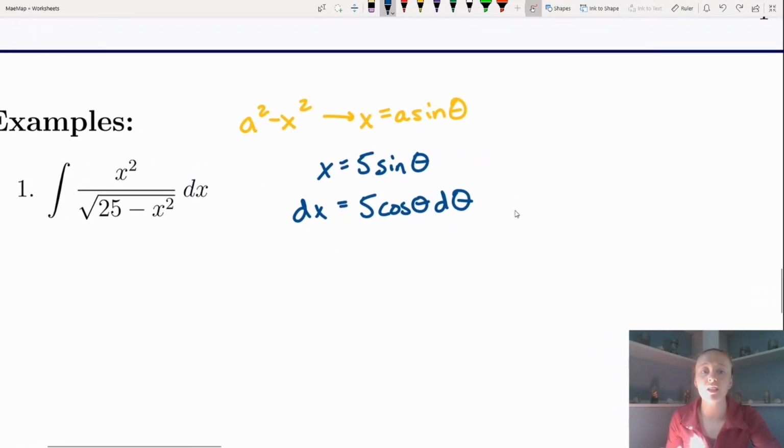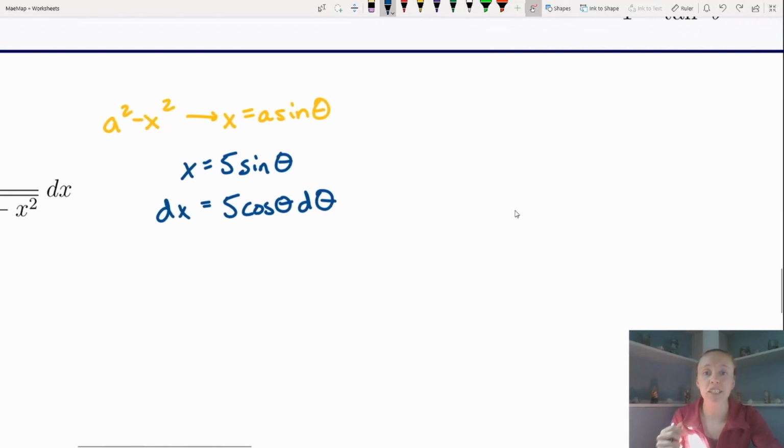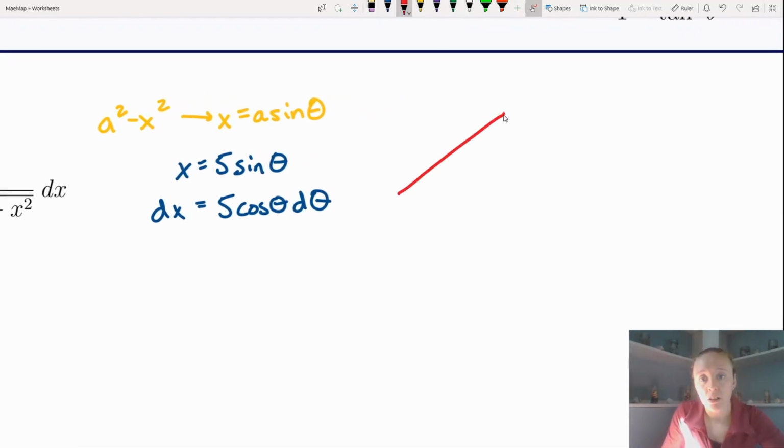Now the next thing I like to do after I identify the substitution I'm making is set up the triangle. So if this is theta, my substitution is that x equals 5 sine of theta. That means that x over 5 equals sine of theta.